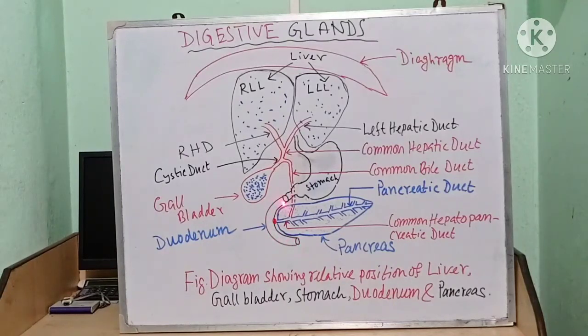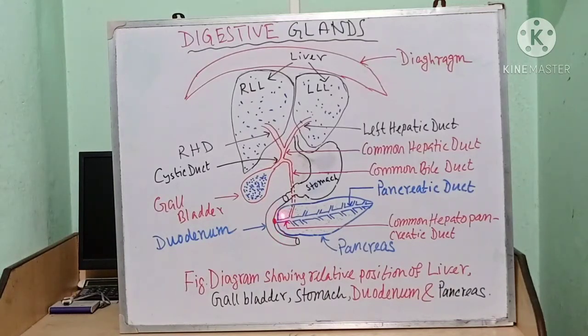Bile helps emulsification of fat, and bile salts make insoluble fats soluble in water for the action of enzymes.